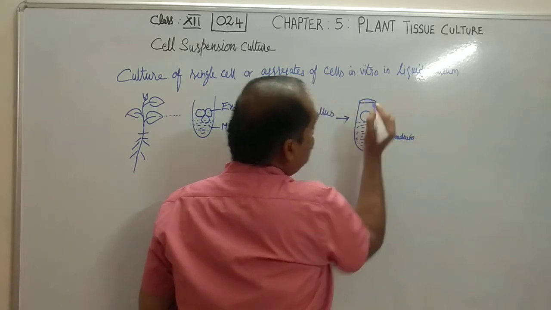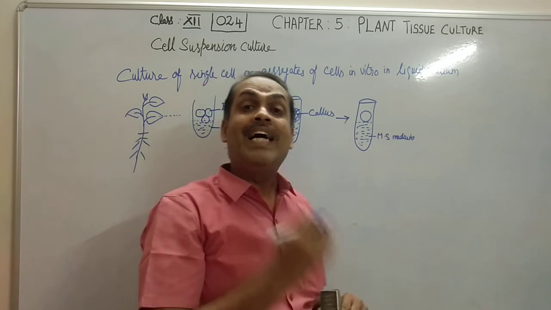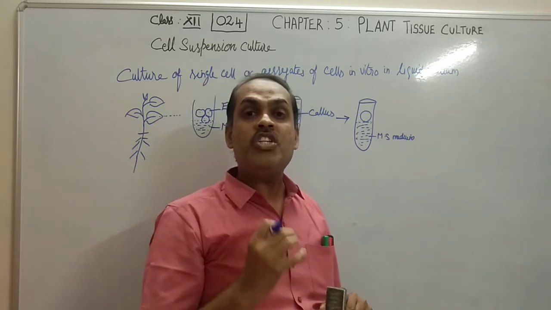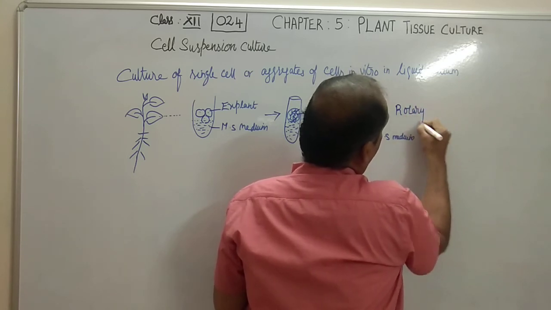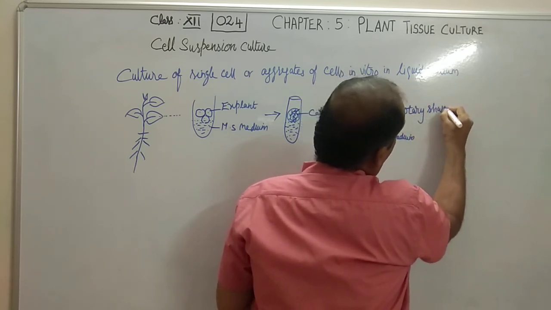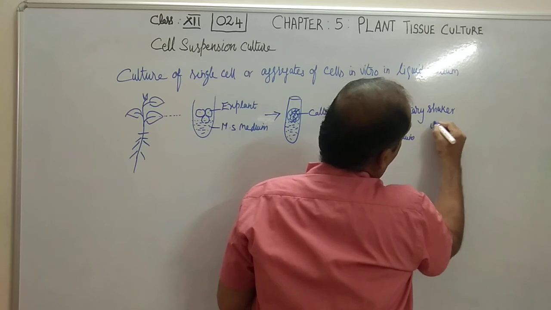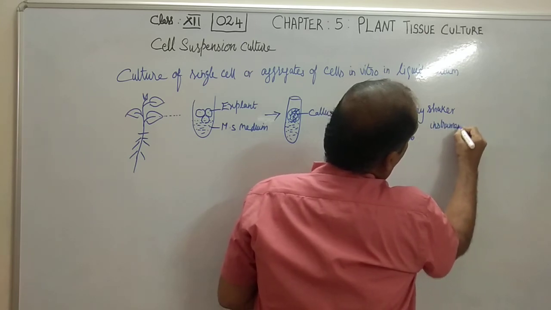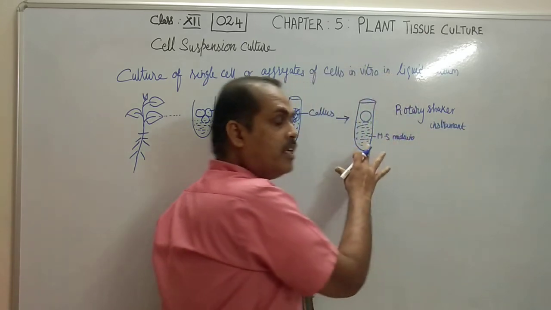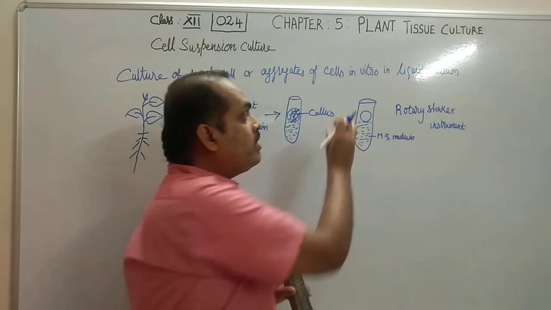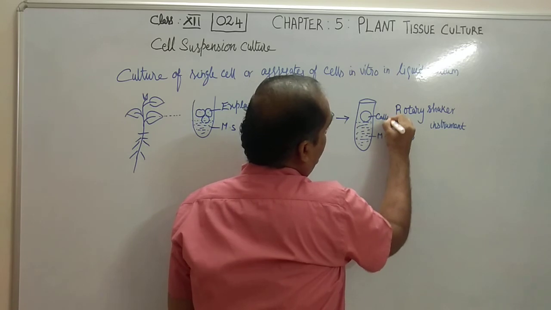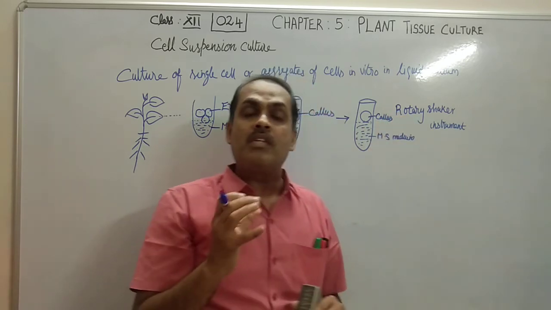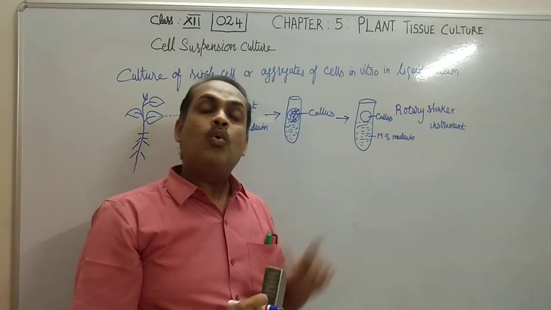Afterwards, I am going to keep this test tube in an agitator, that is called as a rotary shaker instrument. Now, as a result, this test tube with a portion of the callus, now let us mark this as callus for our understanding, this callus will get agitated. So, what will happen?